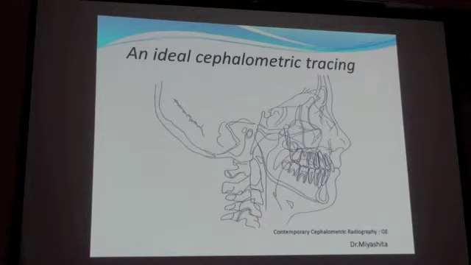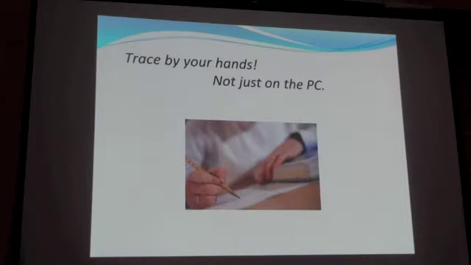So we can see everything from one cephalometric X-ray to get more information, not only points and angles. Otherwise, that's too wasteful. We should take more information. So trace by hand before sending it to the PC, not just on the PC.